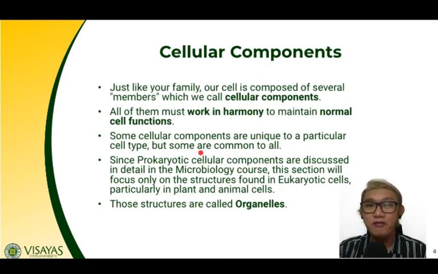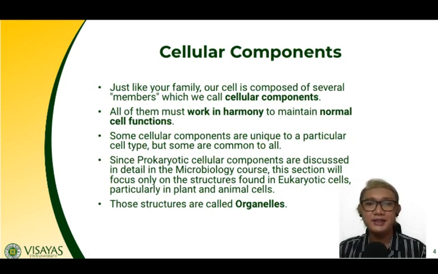Just like your family, our cell is composed of several members, which we call cellular components. All of them must work in harmony to maintain the normal cell functions. Some cellular components are unique to a particular cell type, but some are common to all.